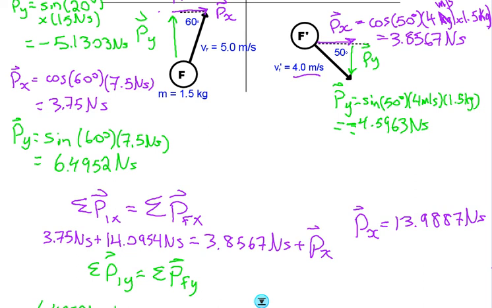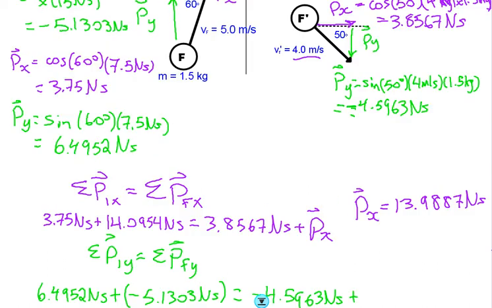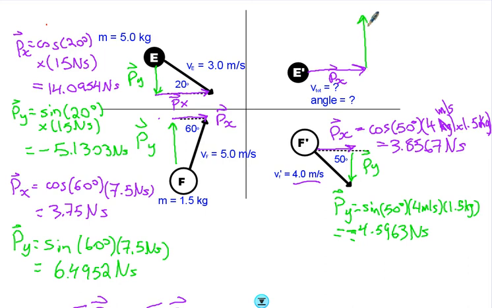Yep, negative 5.1303. Then after collision, we had a negative momentum, negative 4.5963, and some momentum from E prime, some other y momentum that I don't know.